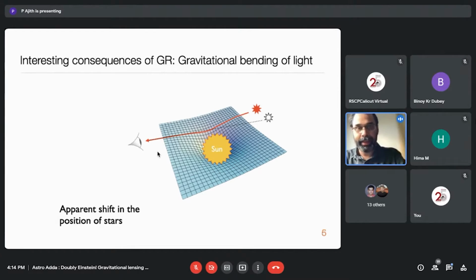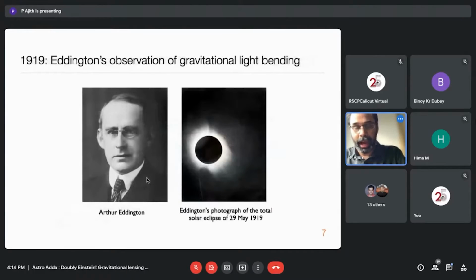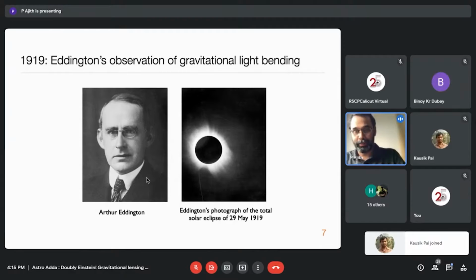This can be calculated if you know the mass of the sun, and it turns out that it is a small effect, but potentially measurable. And so one has to actually wait for a solar eclipse to make a measurement like this, because you cannot see stars during the day near the sun.